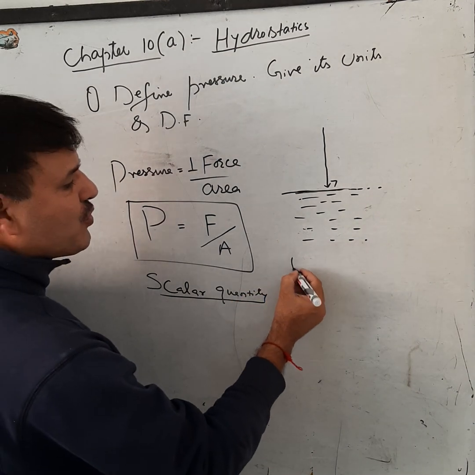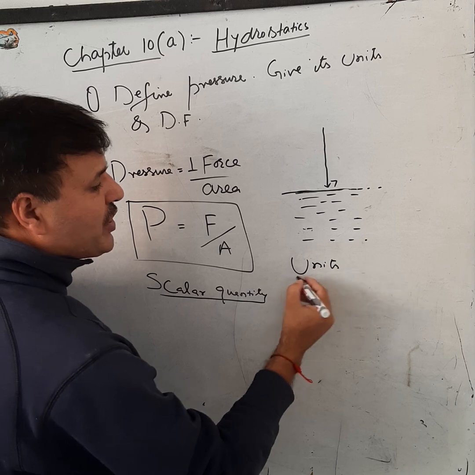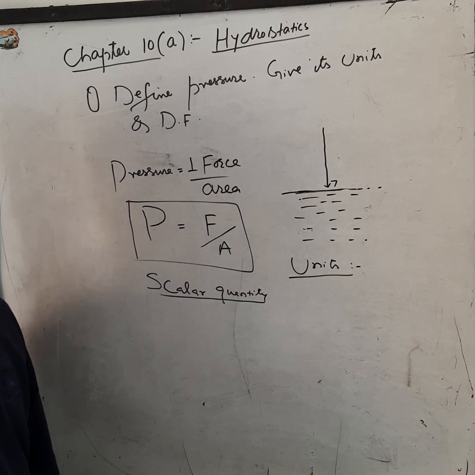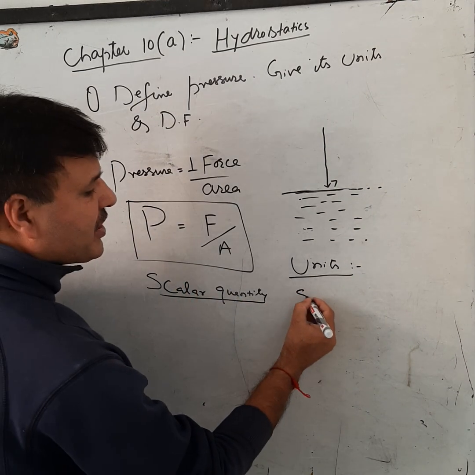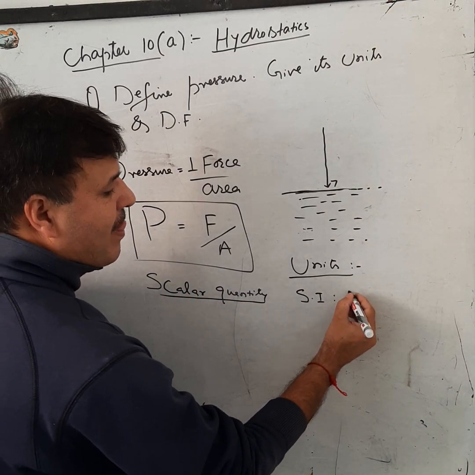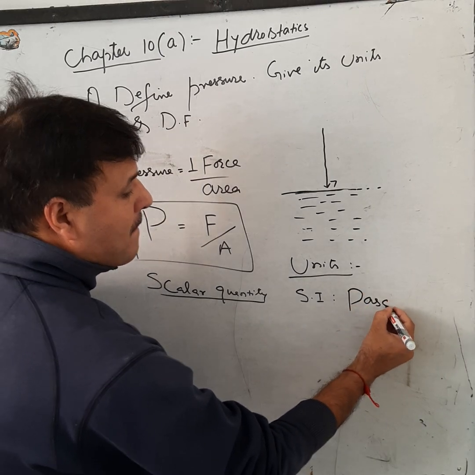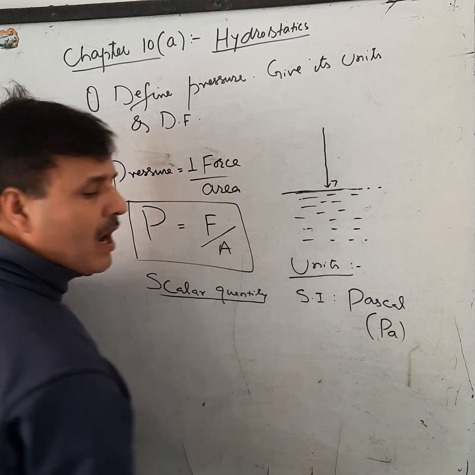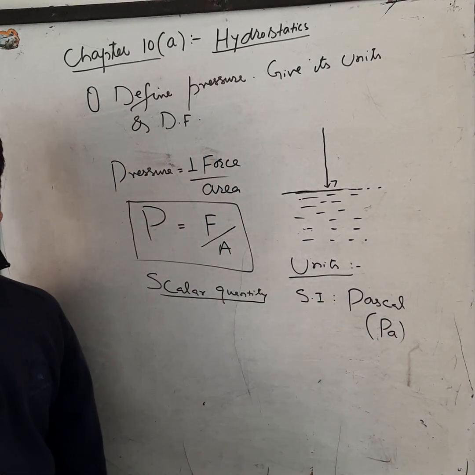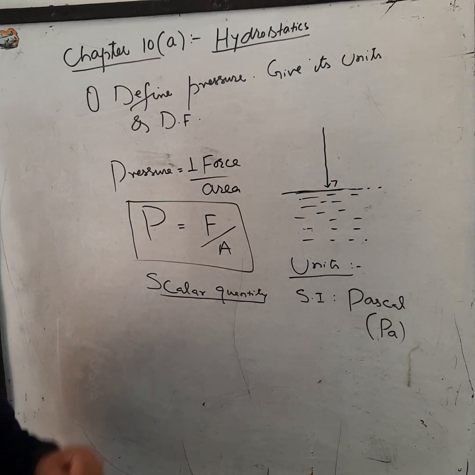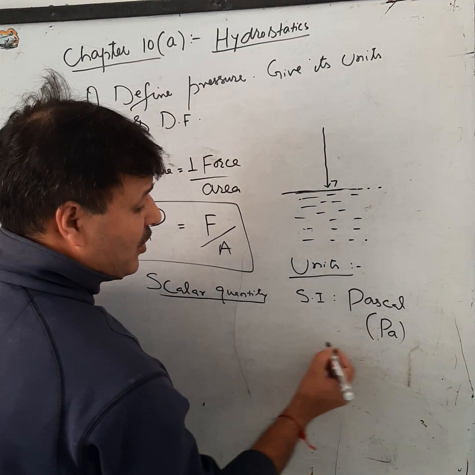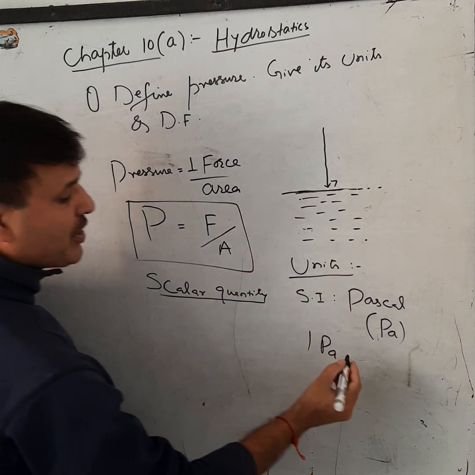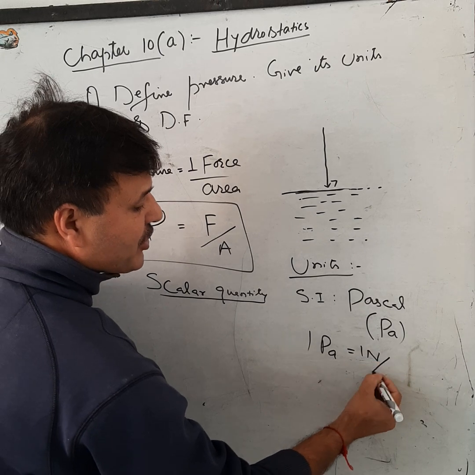Then the units, you all know. The SI unit of pressure is Pascal. Pascal is denoted by Pa. The SI unit of pressure is Pascal, and 1 Pascal is equal to 1 Newton per meter square.